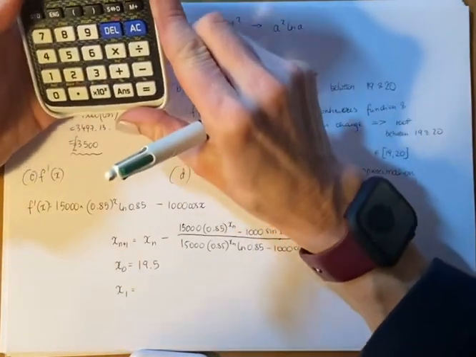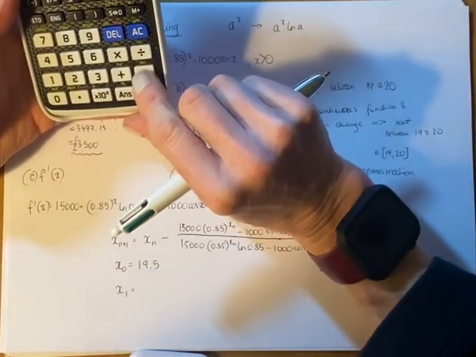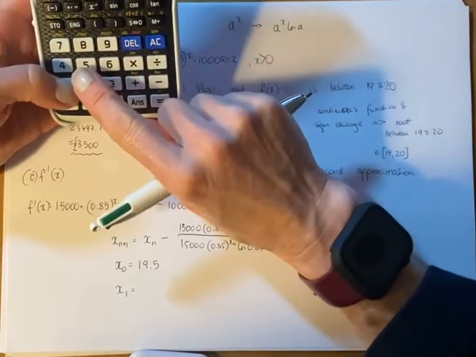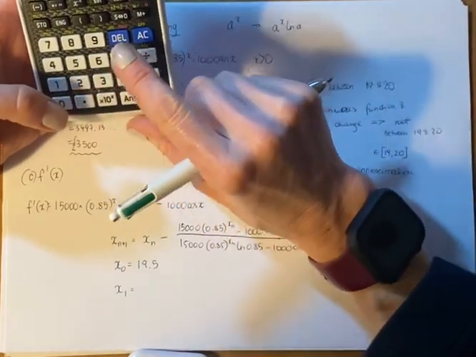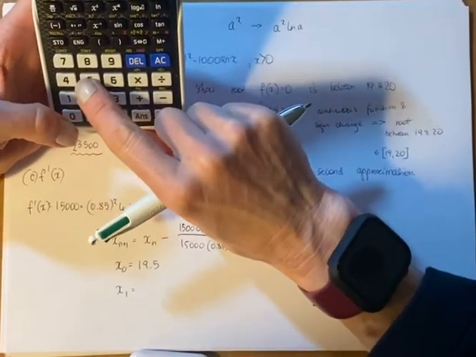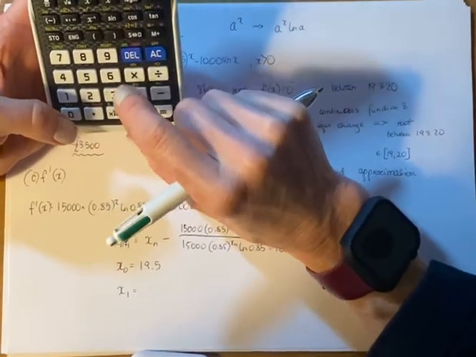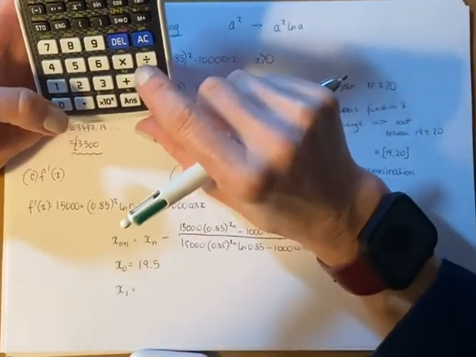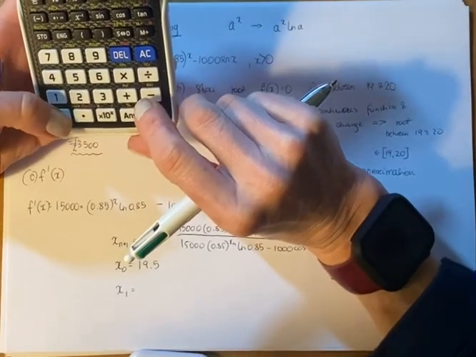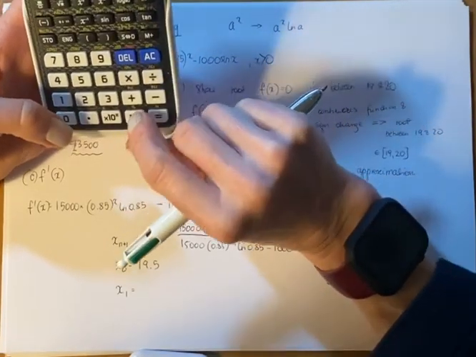I'm just going to use the ans key because it's easier to type in rather than 19.5. I only need to do it once, so you could use 19.5. 15,000 times 0.85 to the power of ans. Okay, and then you've got minus 1,000 sine ans.